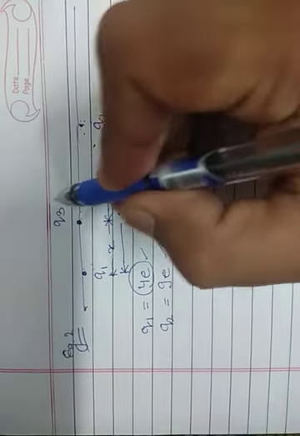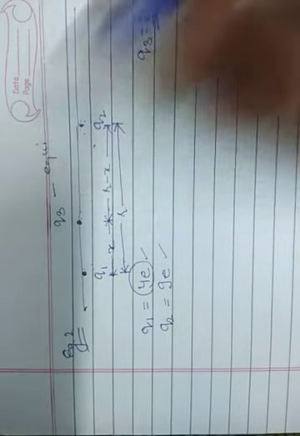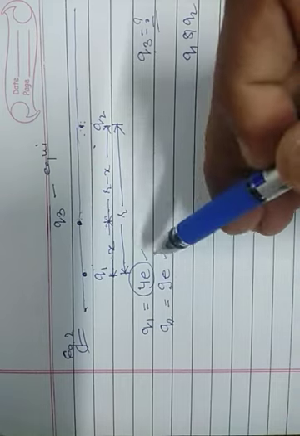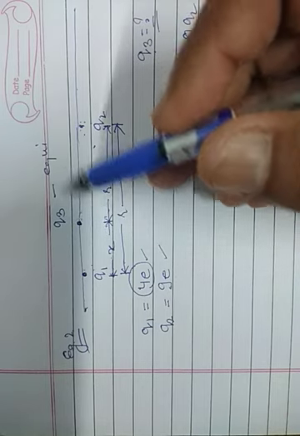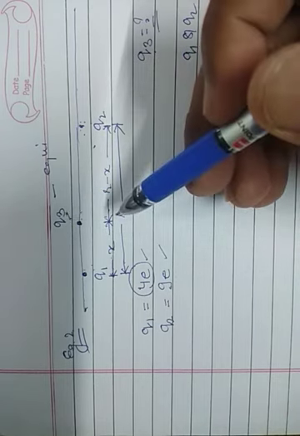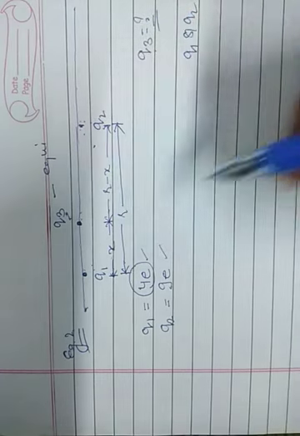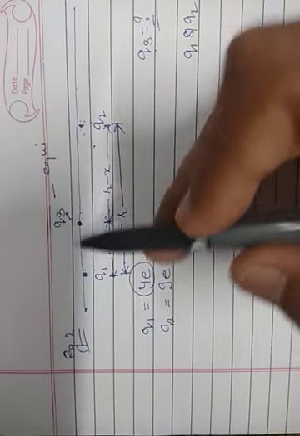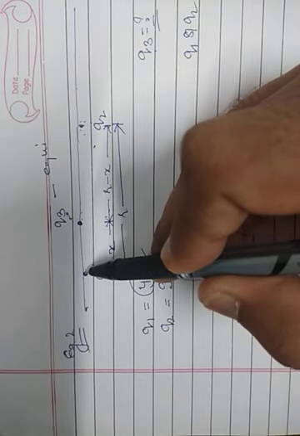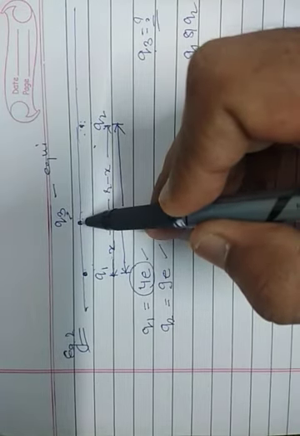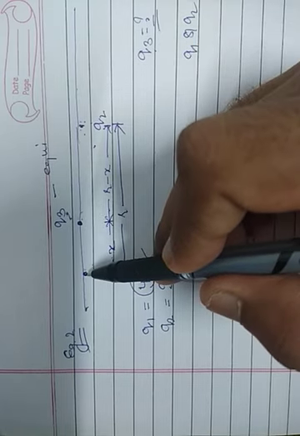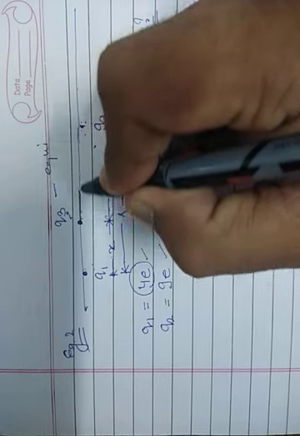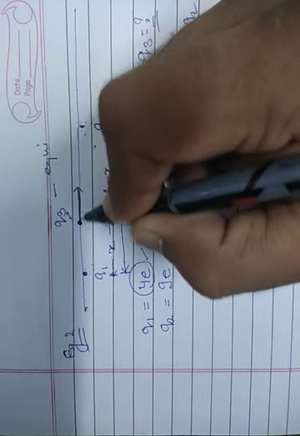Now as q3 is in equilibrium, the net force on q3 must be equal to 0. Now we will check what are the two forces acting on q3. Due to q1, the force on q3 is in this direction, F31, the force on q3 due to q1.